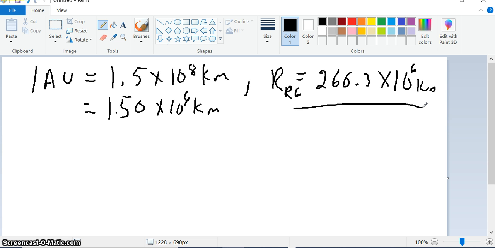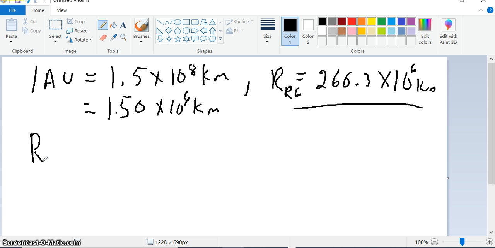Mars is about 1.5 astronomical units. So here's the distance that Mars is.